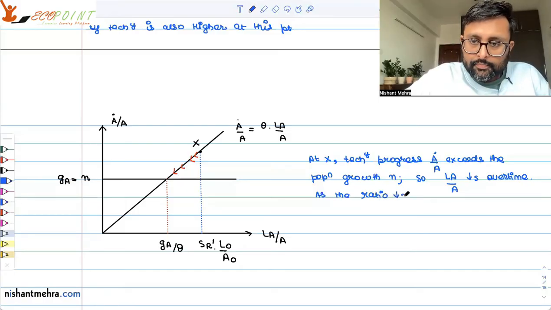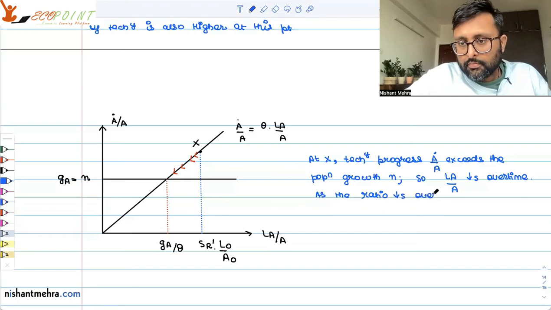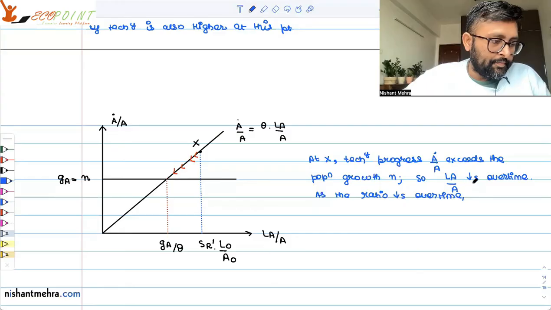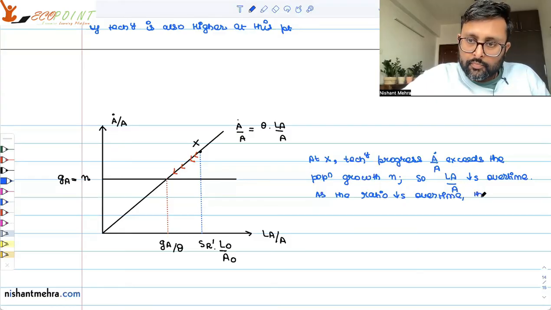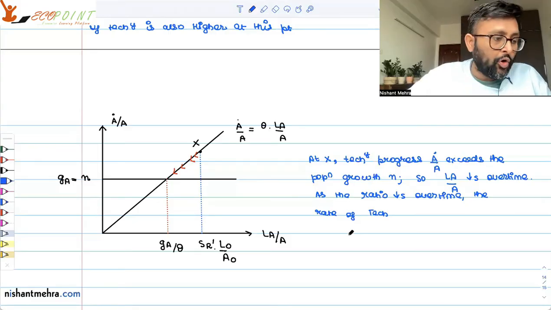So as the ratio decreases over time, the rate of technology, this GA, A dot by A, is also going to fall over time.